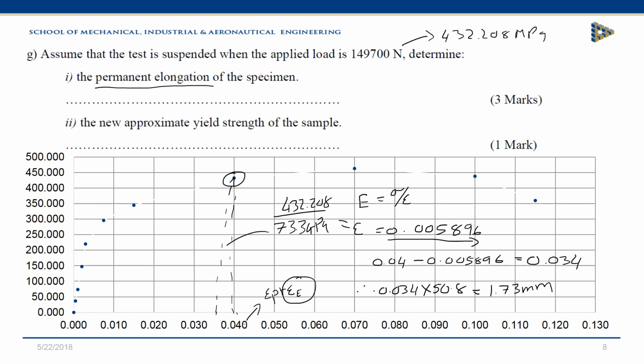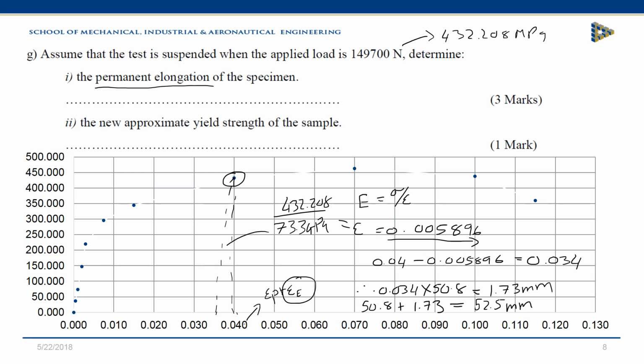And now I have to add that to my original length, and that gives me a length of 52.5 millimeters. And it's asking for the permanent elongation.